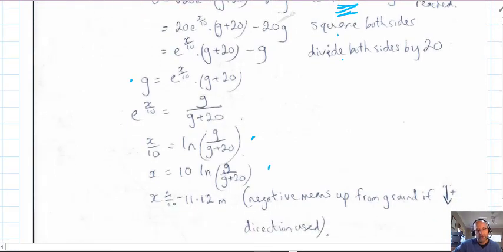It's negative 11.12. Now that's fine because that means above the ground, because we've considered down as positive. And if you did the opposite you get a positive answer.